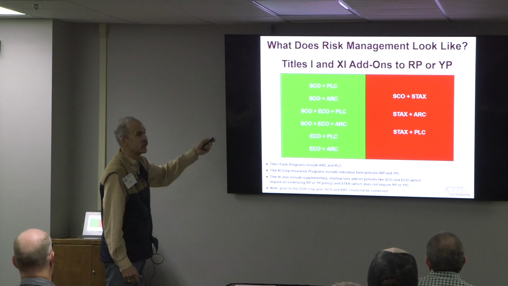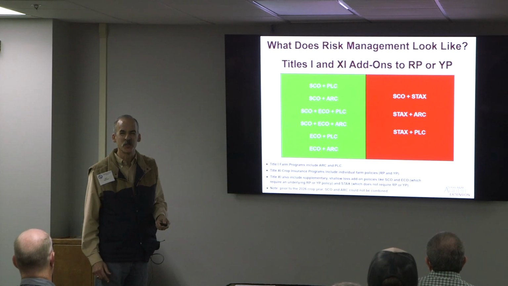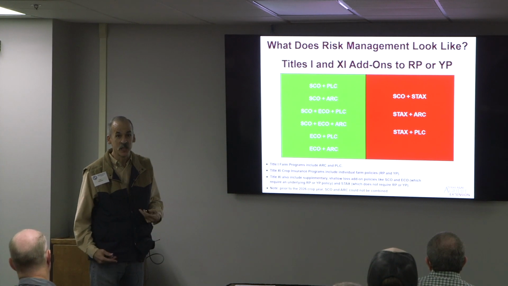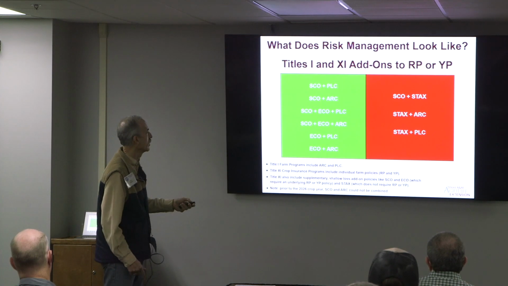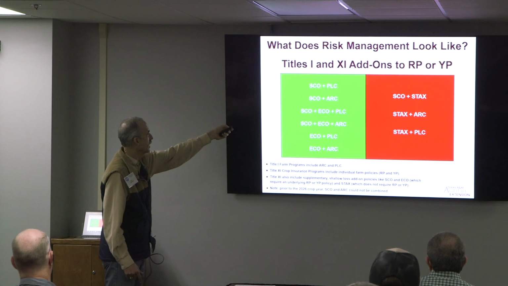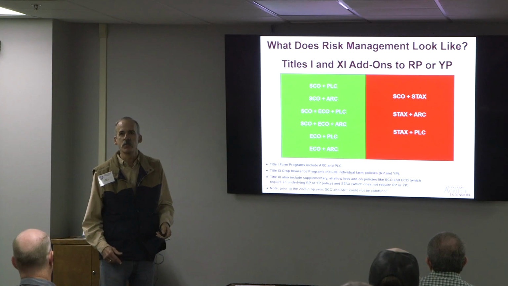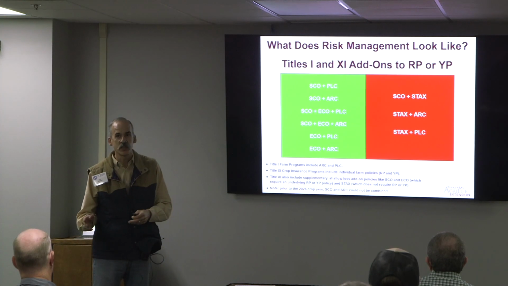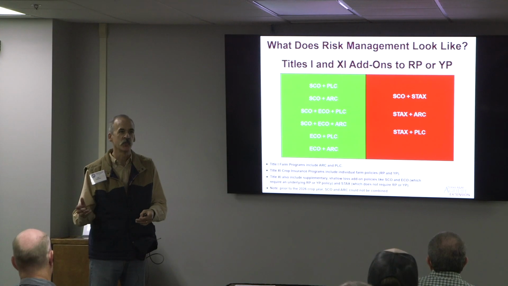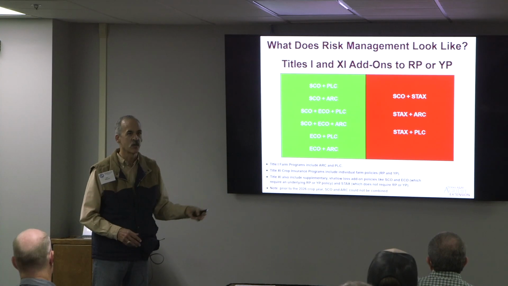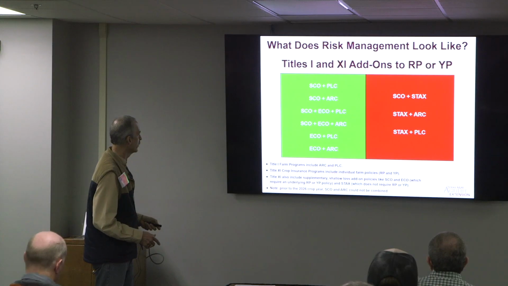By Title I, I mean ARC and PLC, which to me are insurance-looking types of programs in the way that they work. Title II is the insurance, crop insurance, which is yield protection and revenue protection, but now it's also STAX standalone or STAX as an add-on, or SCO or ECO, or I probably forgot a few.